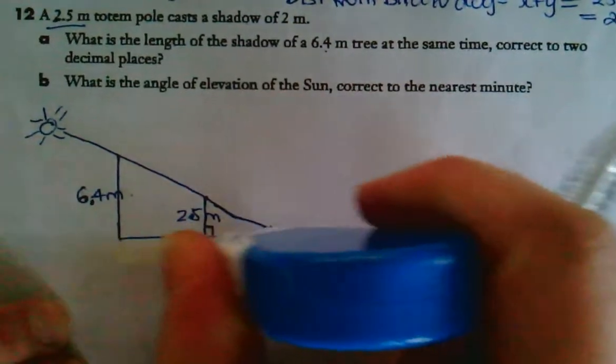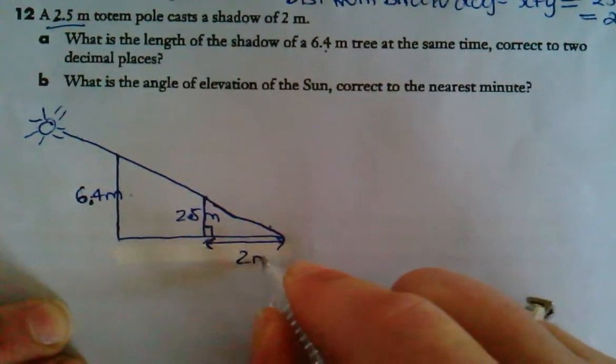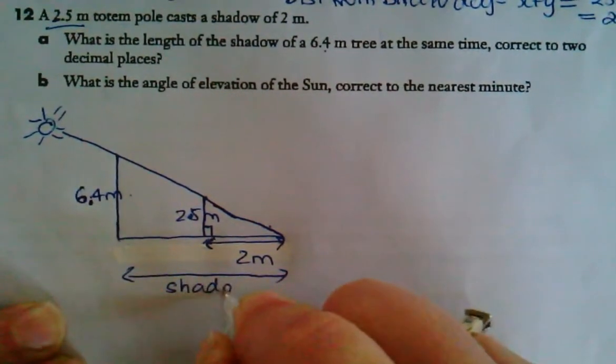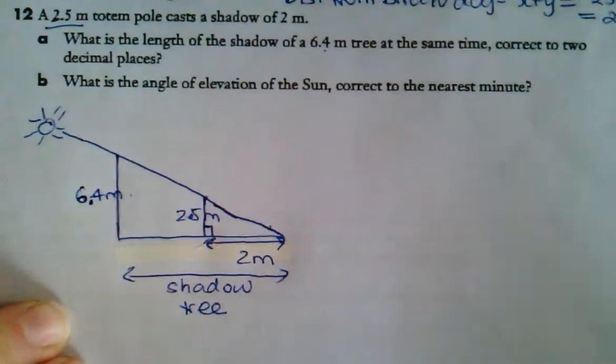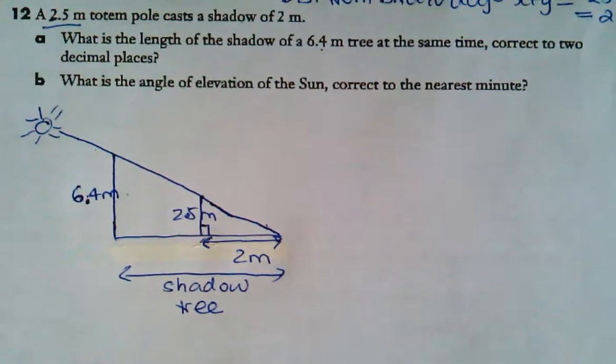So the shadow of the totem pole is 2 metres, but this here is the shadow of the tree. Okay? The reason we draw it like one triangle within the other is that it needs to be at the same time of day with the same angle from the sun. Okay?